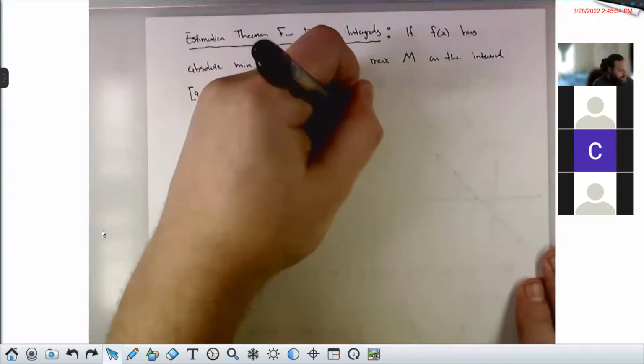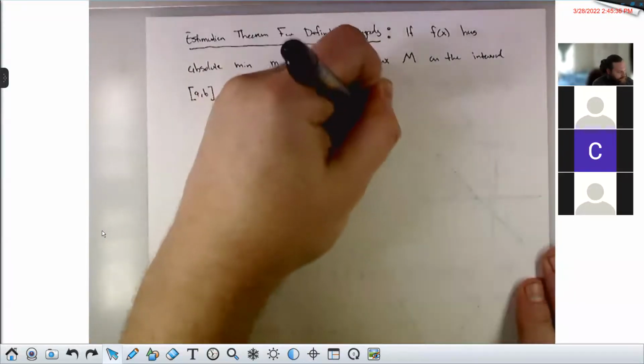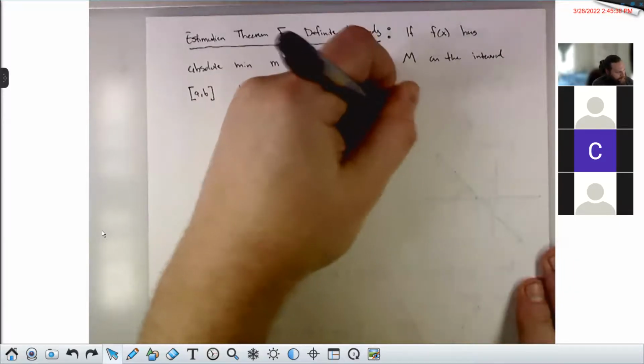And the largest possible value of that integral is big M times b minus a.